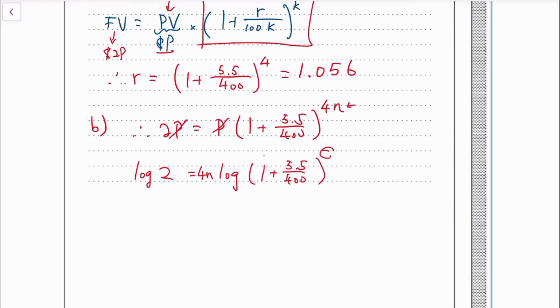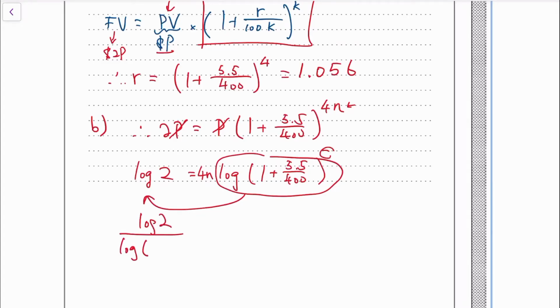So we just divide this whole thing away. Log 2 over log that number. What's the number? We got that before. Okay, it's 811 over 800, if you use a fraction, times 4n. So divided by 4 as well, you get n.